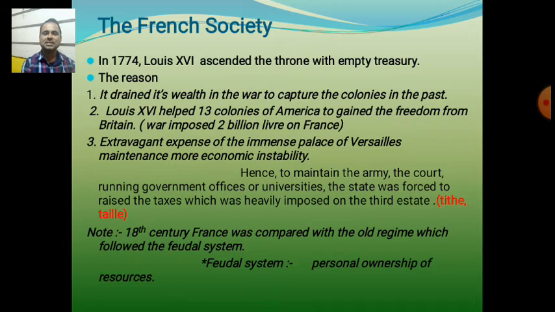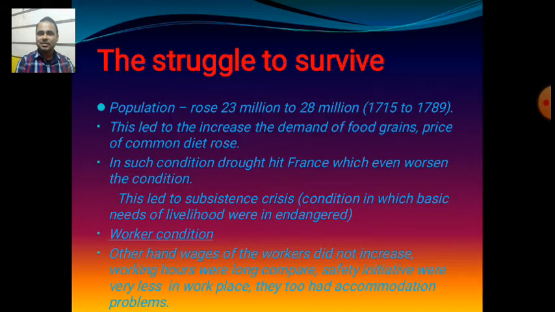Feudal system means the people don't have control over the resources of the country, because of which all the people living in France started to compare Louis XVI's governance with the old regime. Now, what is the old regime? The old regime was the rule of the Bourbons in France. That was called the old regime. So these are the conditions.